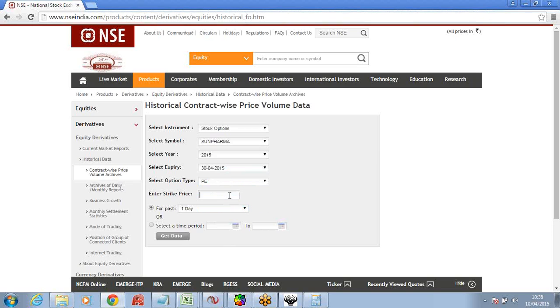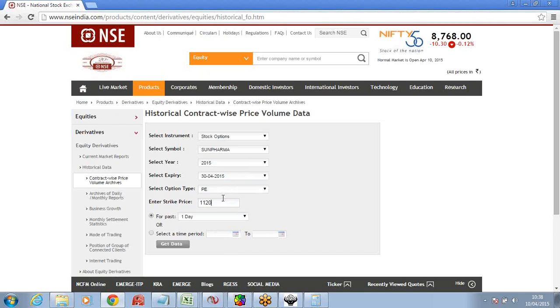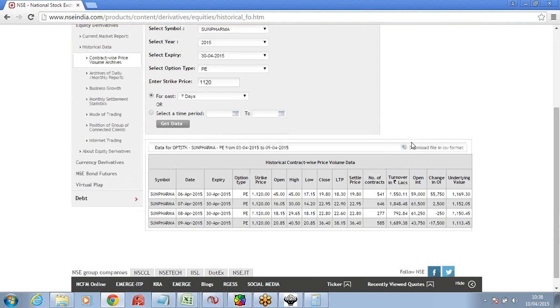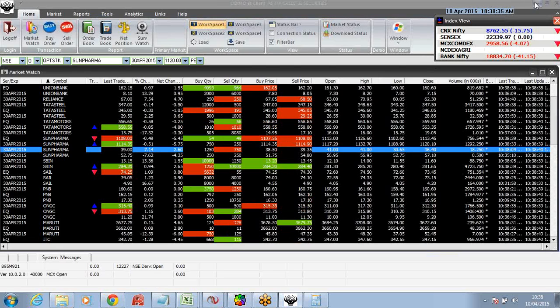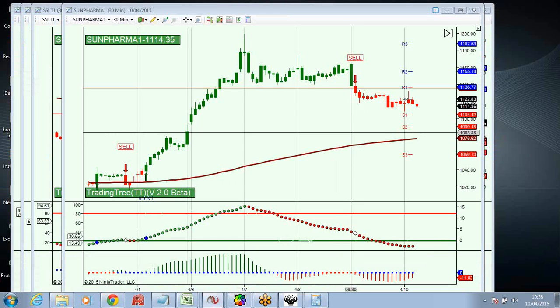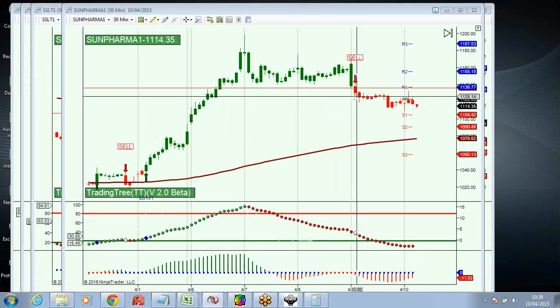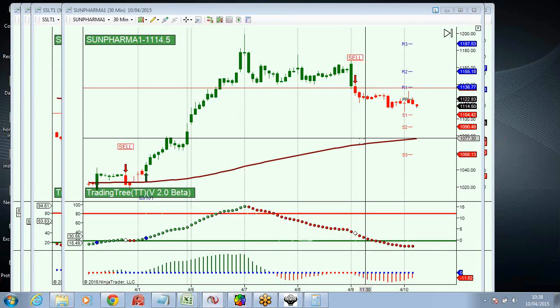So I am buying a put option here. 1120 is my strike. So I'll just take the data for the last 7 days. So the call that we had was yesterday's. Yesterday we had that sell call. I'll just show you once more. So this was my sell price. 1120 is my strike, and 11.14 is the current price.